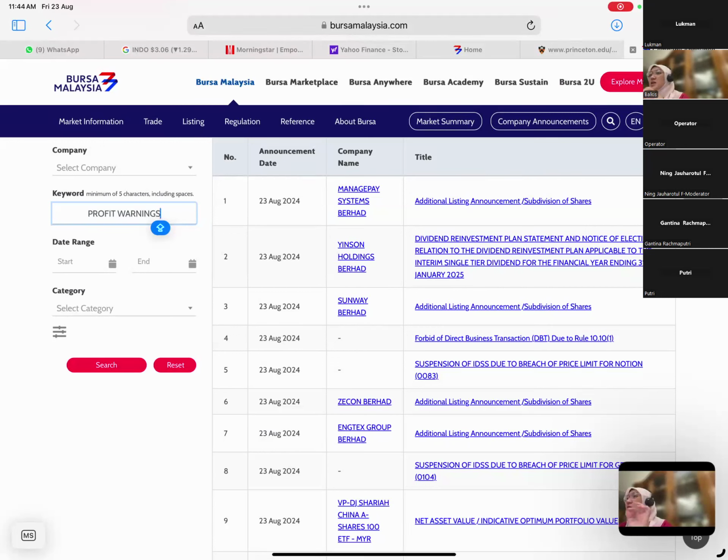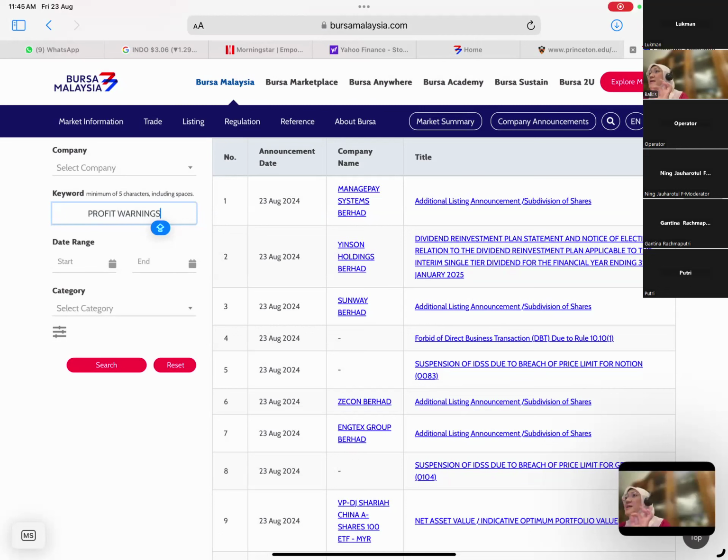So I have to read all the announcements for 5 years. At that time, there were not so many announcements, because it's compulsory, but a few of the companies don't do forecasts. It's not compulsory at that time, but now every company is compulsory to do the forecast and make it available through their website or through Bursa Malaysia.